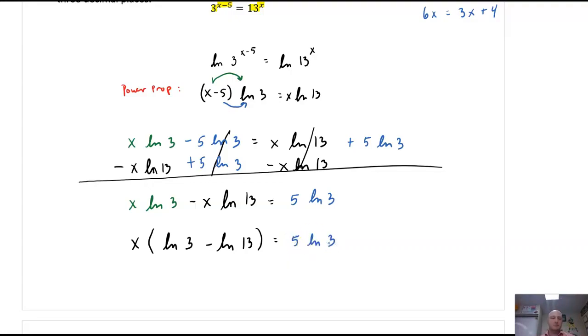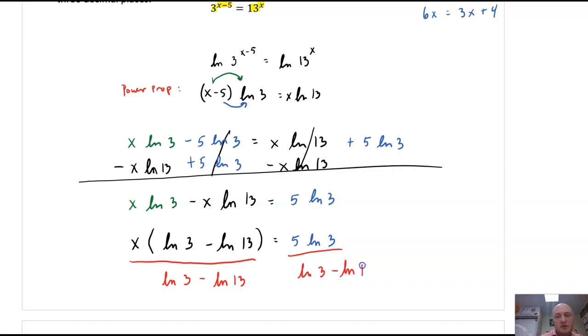Okay, and now I can isolate my x. All I have to do is divide each side by the items that I don't want. Natural log of 3 minus the natural log of 13.